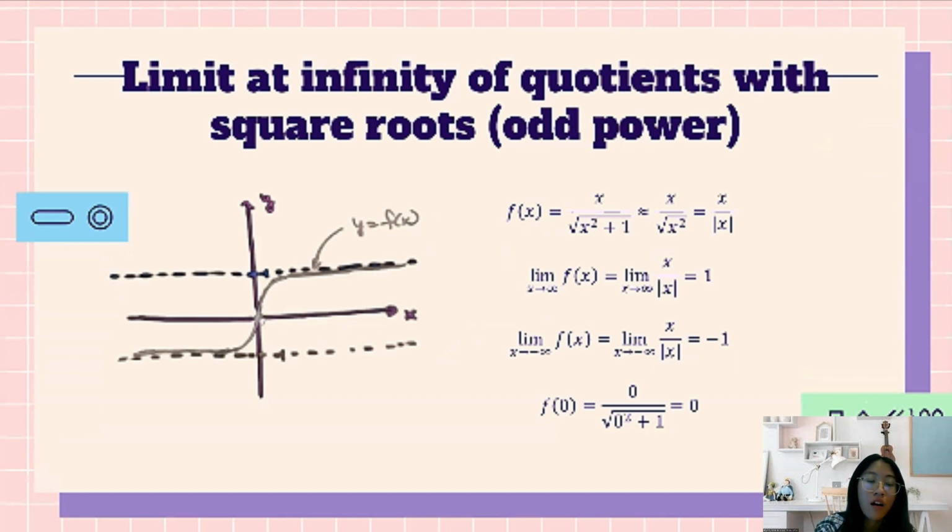So all these things get very large as we approach positive infinity or negative infinity. Well, in the numerator, we only have one term, this x term, but in the denominator, we have two terms under the radical.